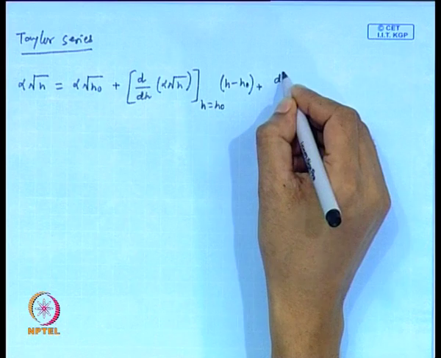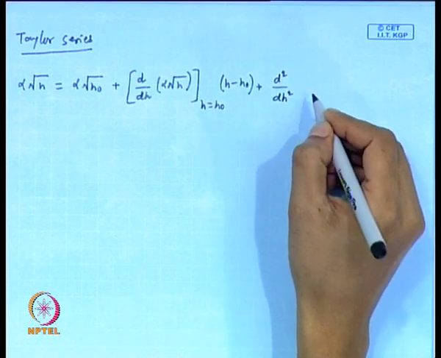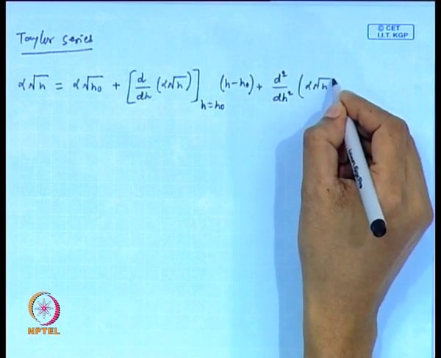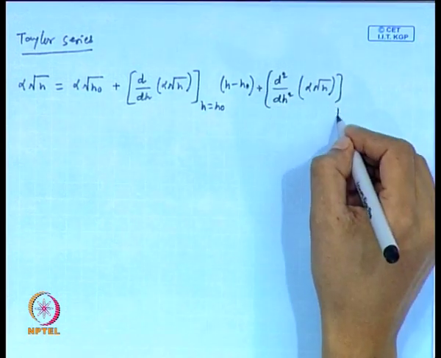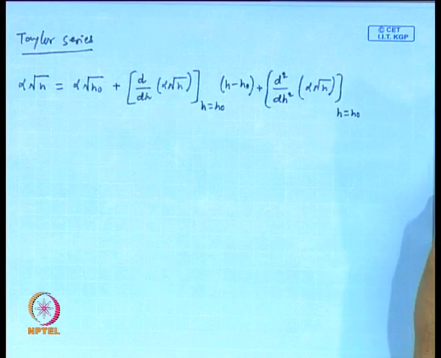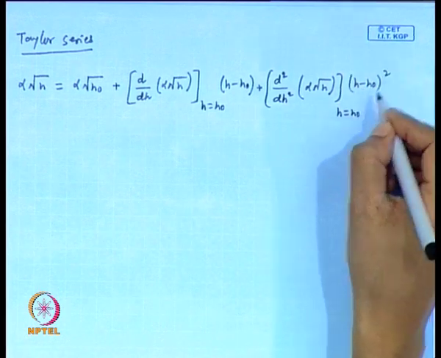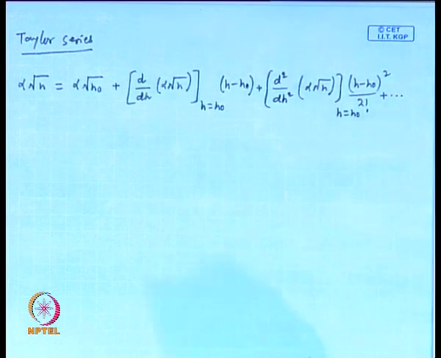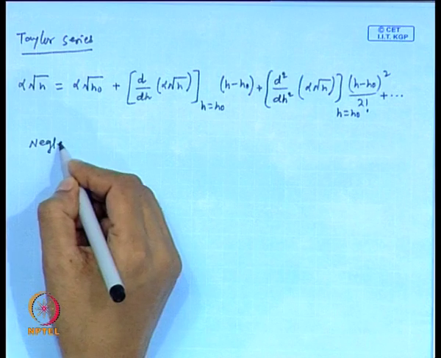Similarly, the second derivative at H equals H naught times (H minus H naught) whole square divided by factorial 2. We will neglect the terms of order 2 and higher.